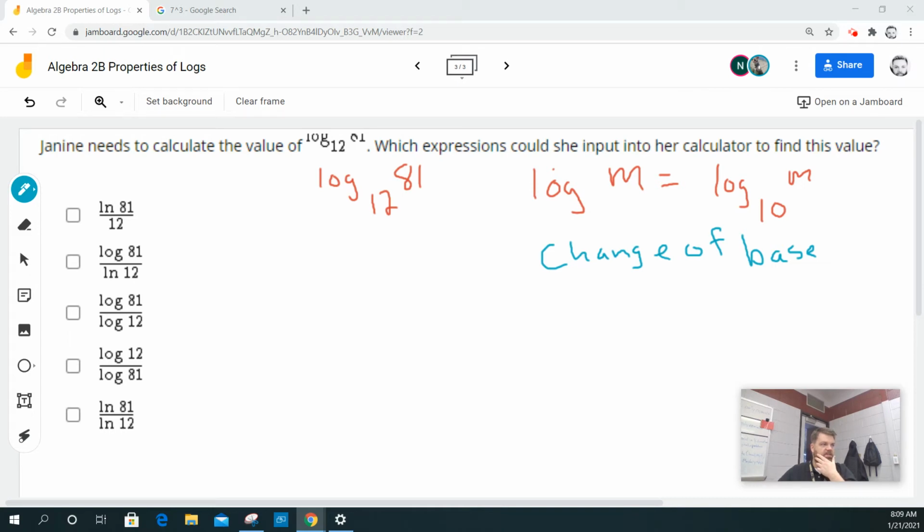Quotient, change of base. Yeah, here it is.